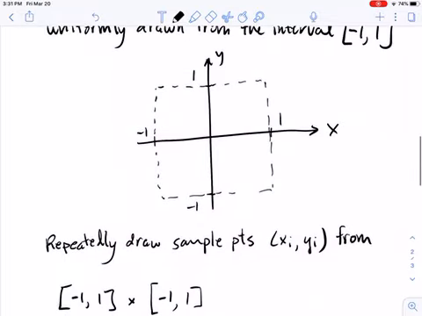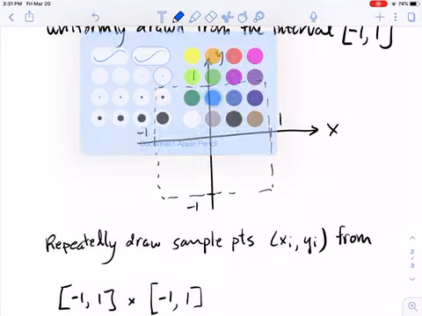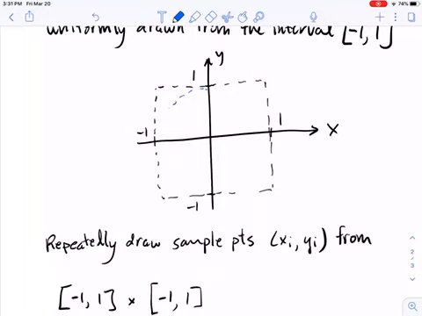So if we go back over here, we can put in our unit circle of radius 1 like so.